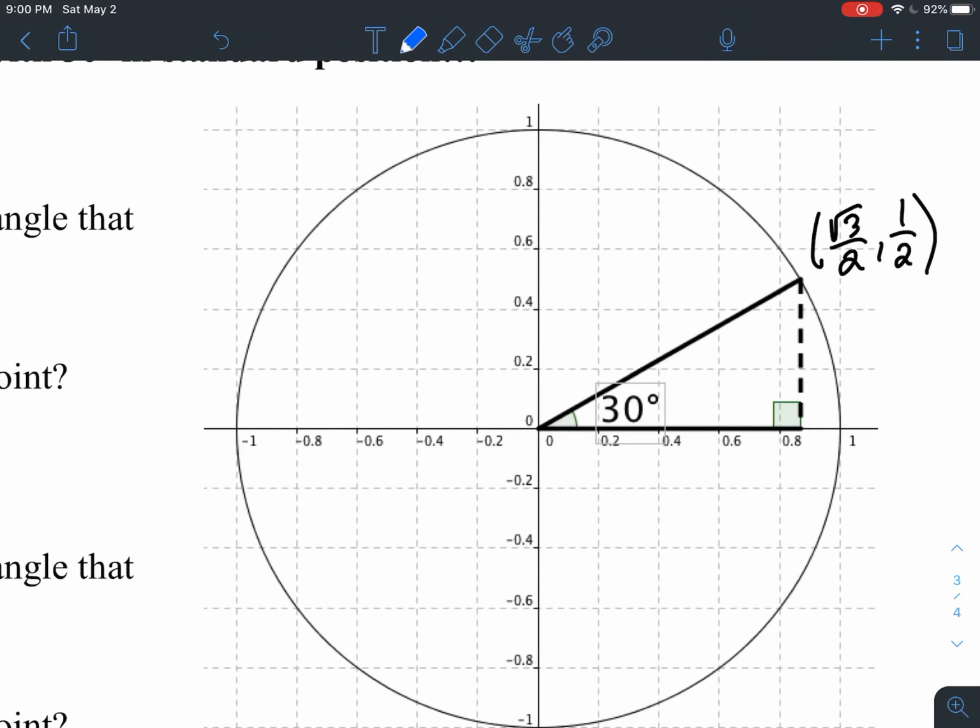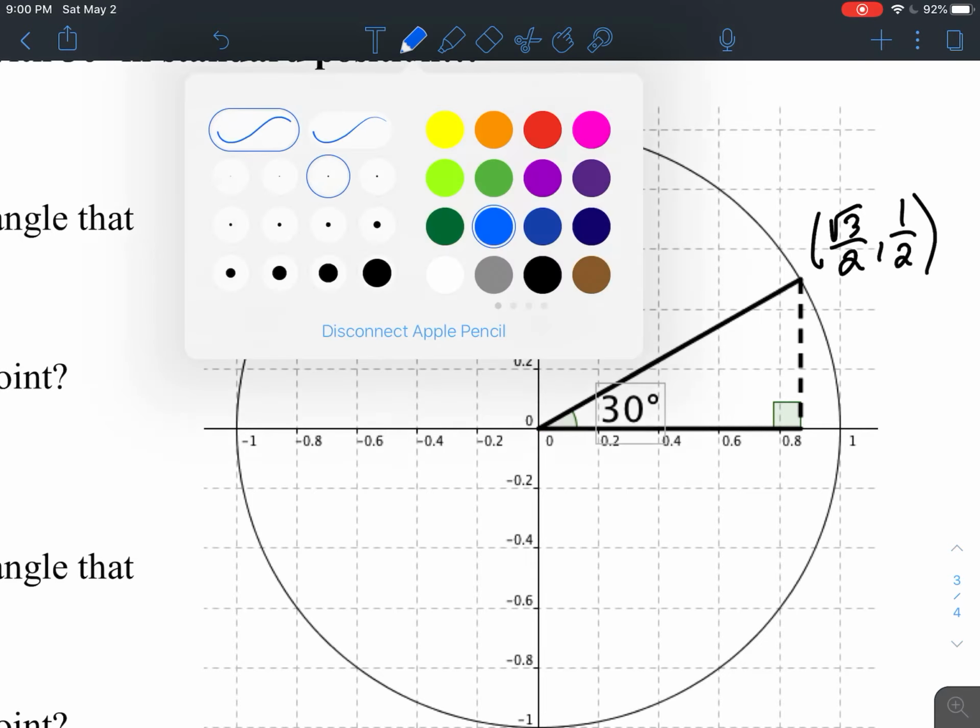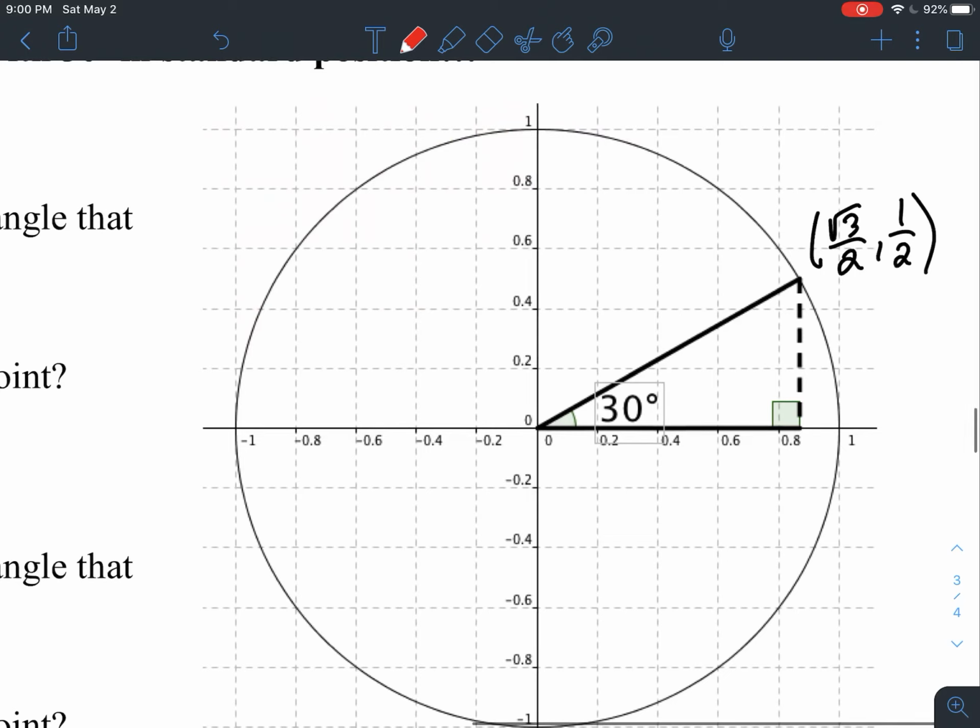So now if I reflect this first over the x-axis, over there in quadrant 2, that's going to look something like this. Let's see, where do I usually go? A little bit higher than that. Let's be smart about this. Let's do all the drawing first, and we can get it nice and lined up.